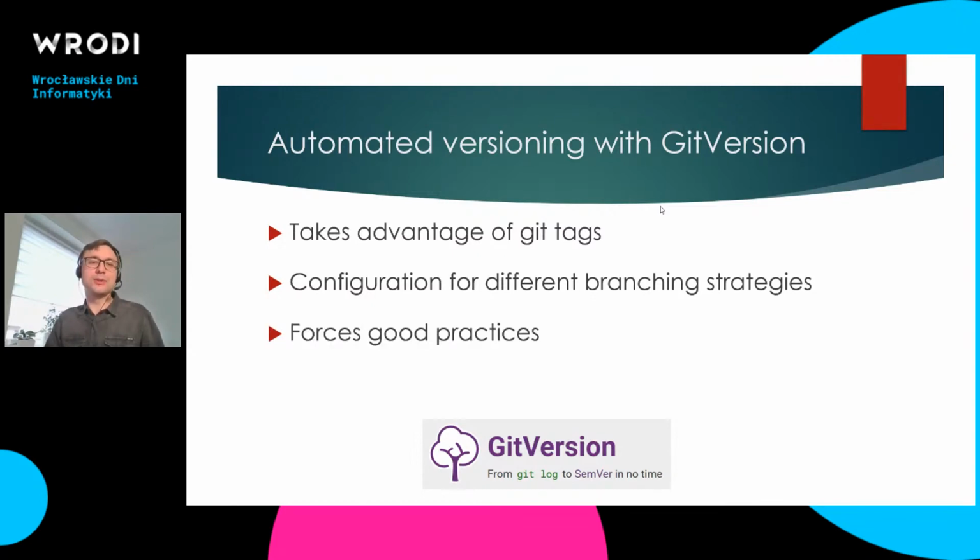GitVersion also forces good practices, because if you use the manual process of versioning, usually it doesn't matter whether you do the tags in the repository or not. You can easily forget it because you don't get any value immediately.